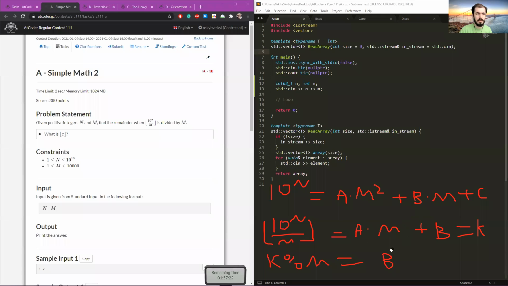So basically, what I think this problem is, we would like a fast modular exponentiation modulo m squared. And then we would like to find this coefficient.